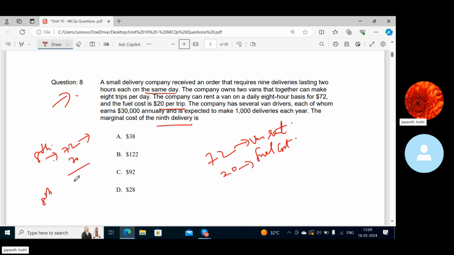For the eighth one also $72, for the ninth one also $72, they are going to pay the rent, and $20 fuel cost per trip. $92, the same additional cost, for both. Shall we move forward?